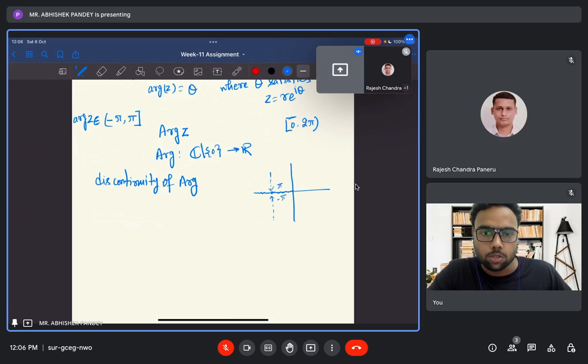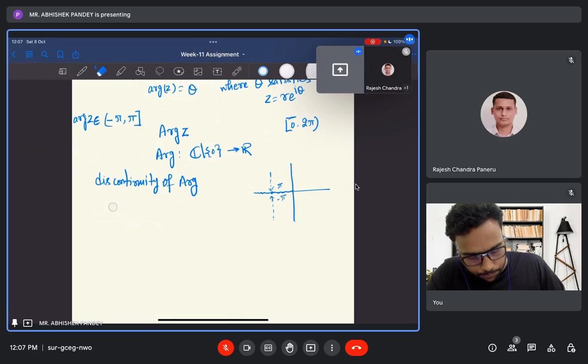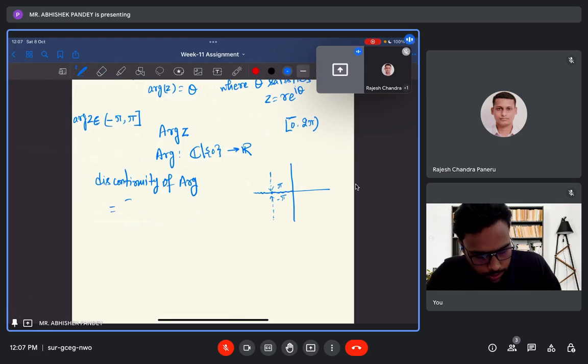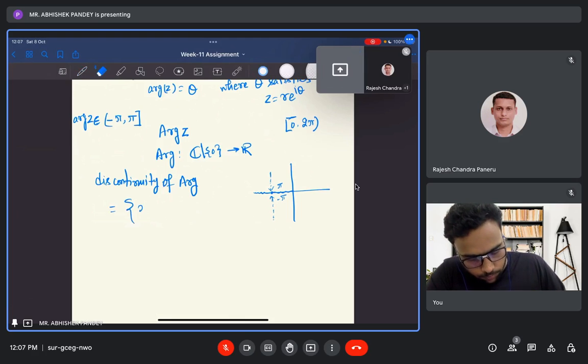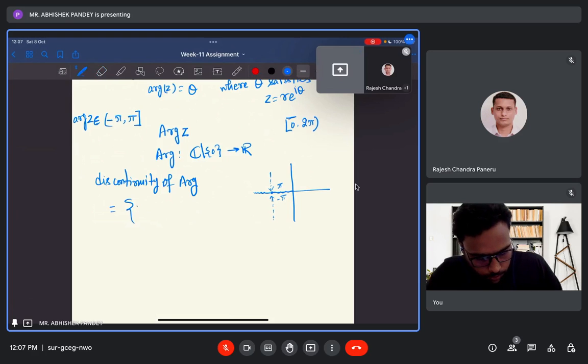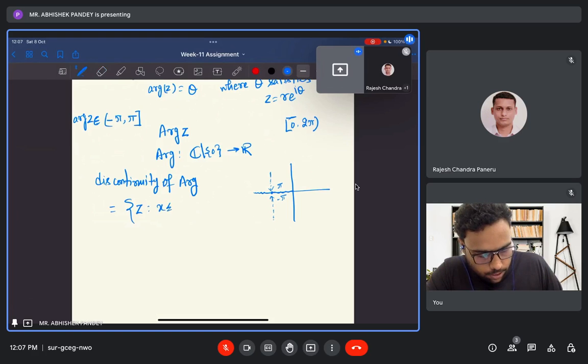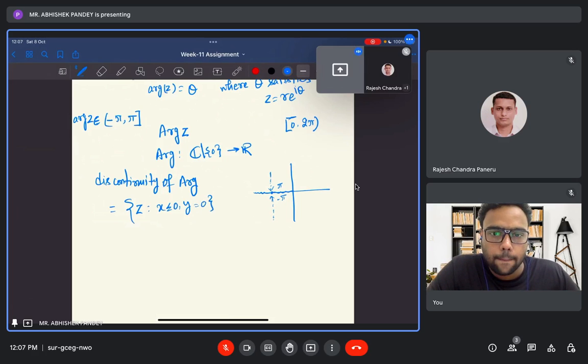So you have two different sequences converging to the same point, but the argument converges to different values. So the discontinuity of capital Arg is on the set of z such that x is less than or equal to 0 and y equals 0. Is it clear?